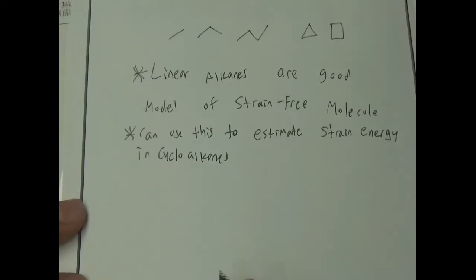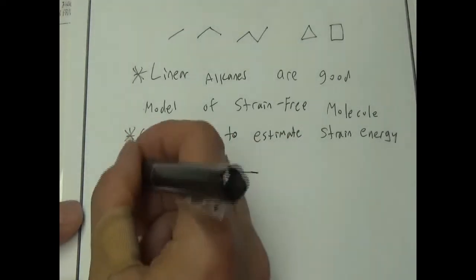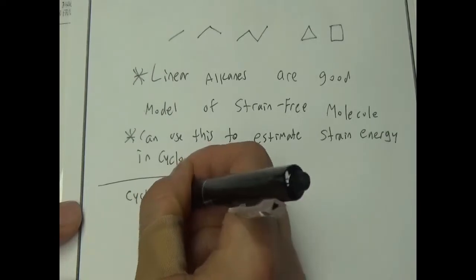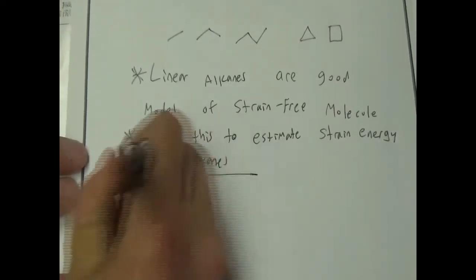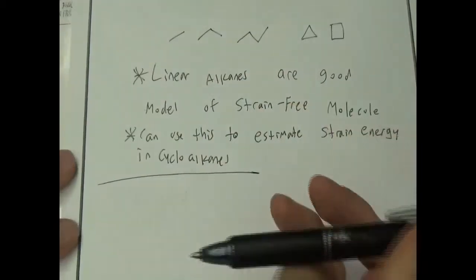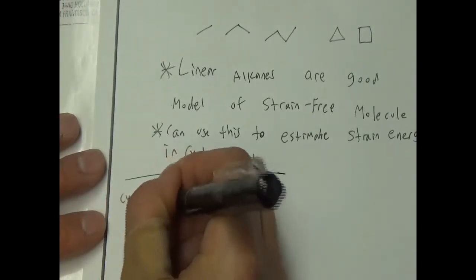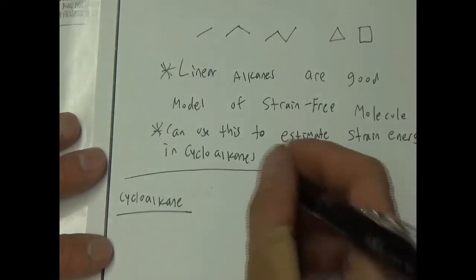So you may need a new page in your notes for this part. What we're going to do is look at some different cycloalkanes. Let's write it to the left a bit more. Gotta have a lot of space for this part. So we're going to look at the cycloalkane.